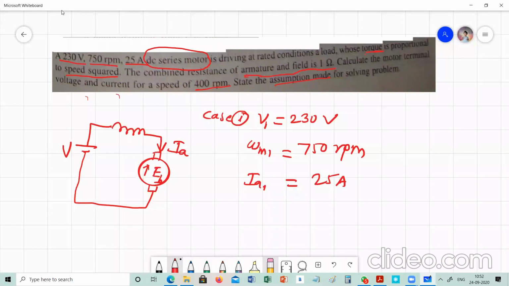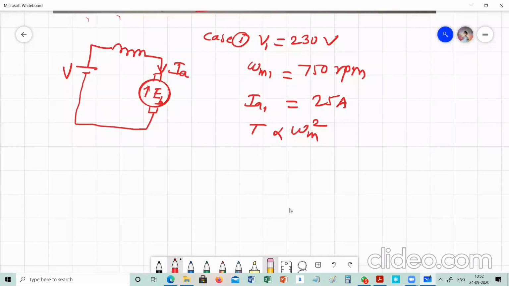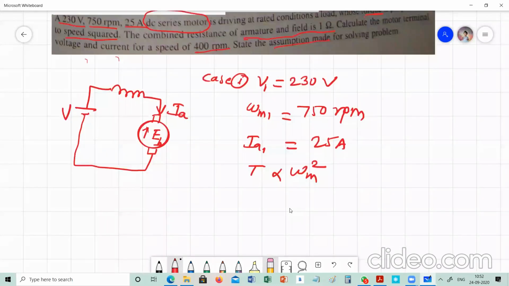Also they have stated that torque is proportional to speed square, meaning torque is proportional to omega m square. That means T1 is proportional to omega m1 square, T2 proportional to omega m2 square, like this. And in case 2, one more piece of information: the combined resistance of armature and field is 1 ohm, meaning Ra plus Rf is equal to 1 ohm.